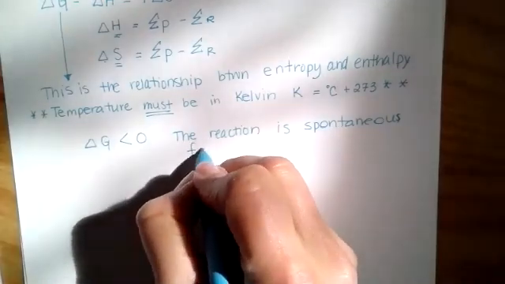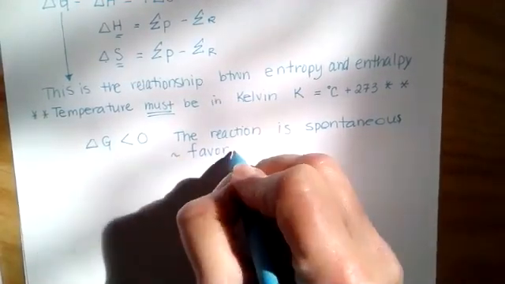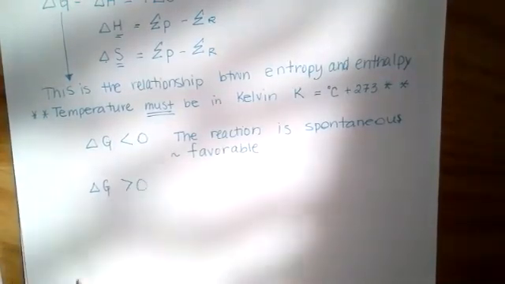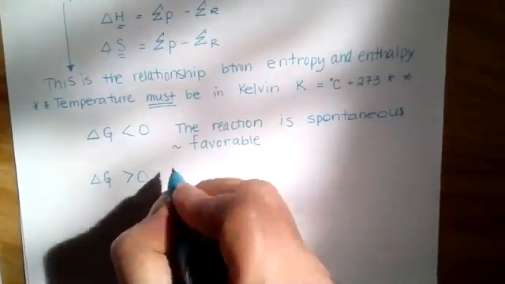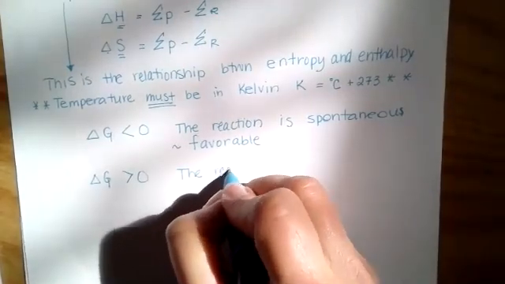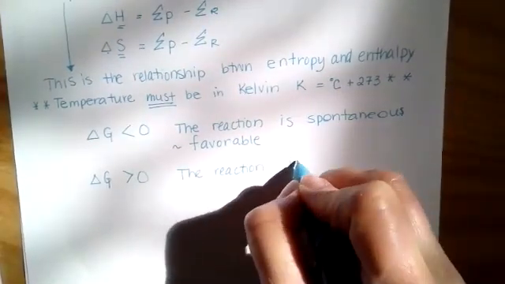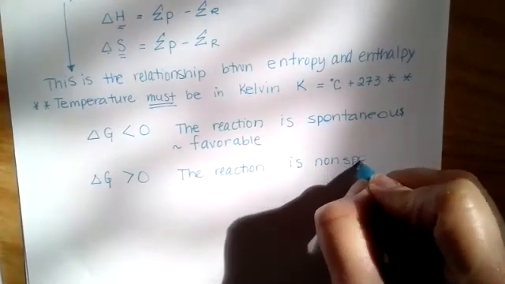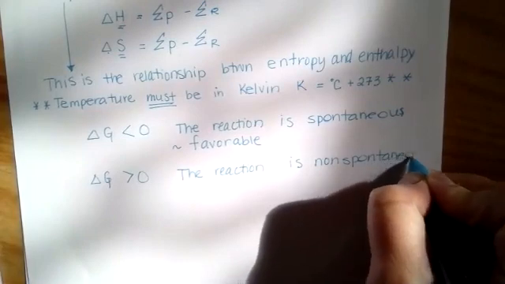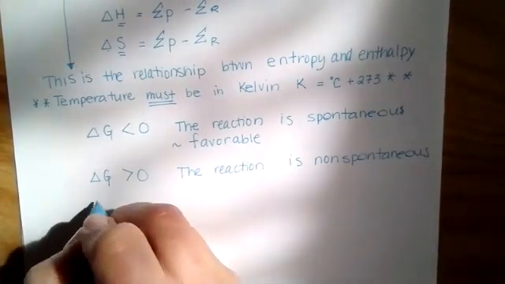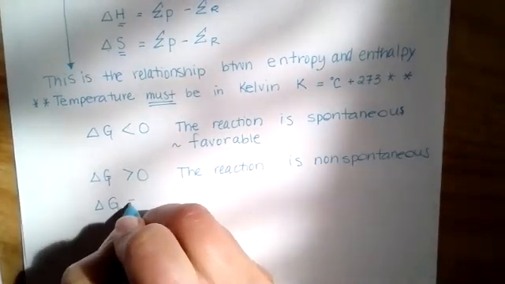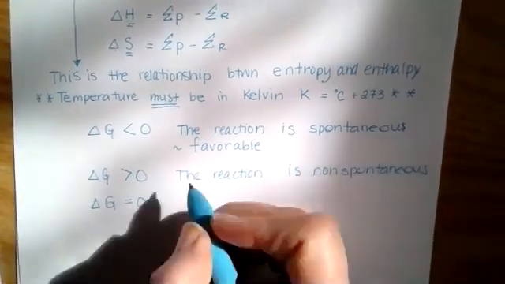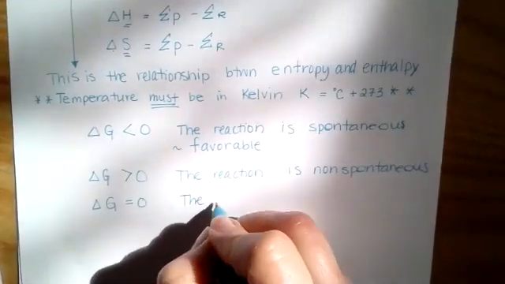This is favorable. Let's just write that in there. If your delta G value is greater than zero, meaning it's a positive, the reaction is not spontaneous. And then there's scenarios that delta G may equal to zero. And if the delta G is actually equal to zero, the reaction is considered at equilibrium.